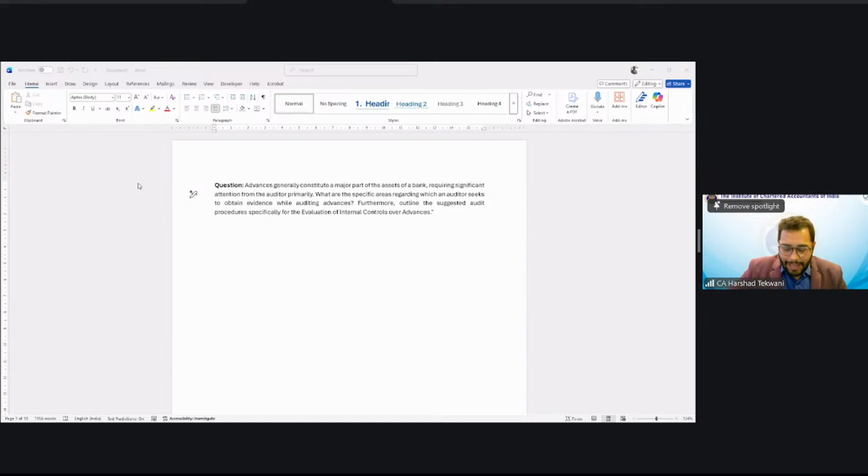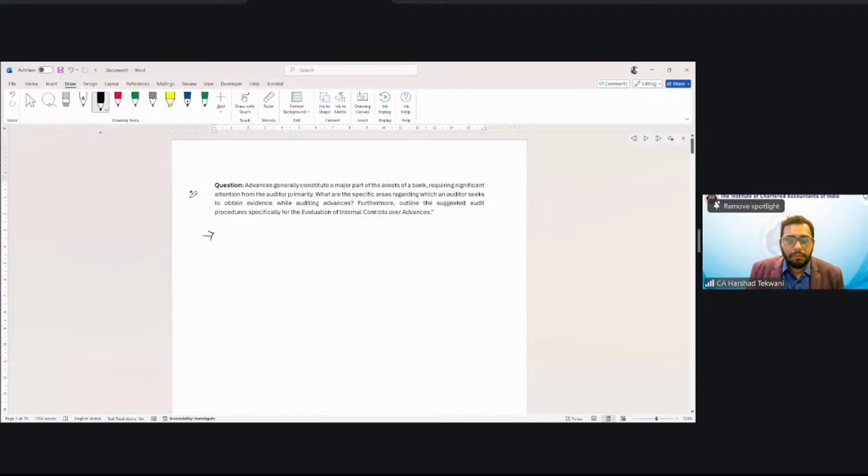So what are the areas we will look for in the advances. Number one, we will look for installment amounts, EMIs, and interest rate. They should be appropriately entered into the CBS system, core banking system.